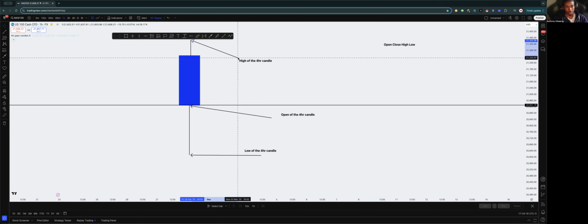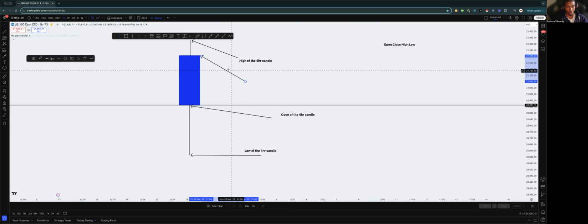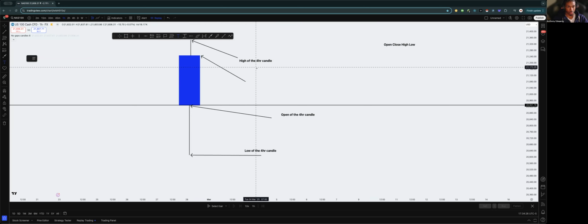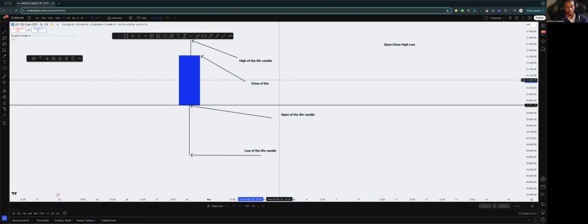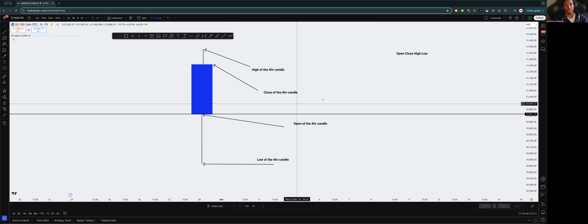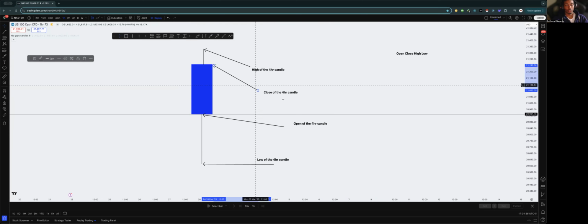And lastly, this is the close of the 4-hour candle. These are basic things that people should know.